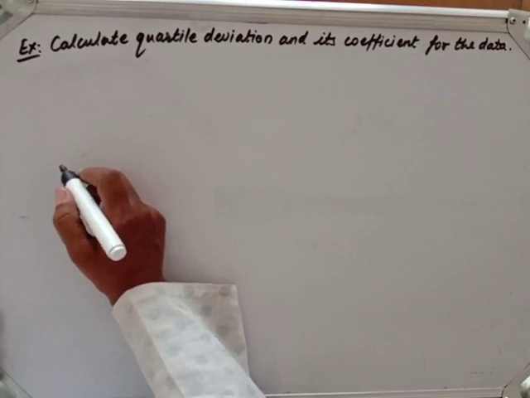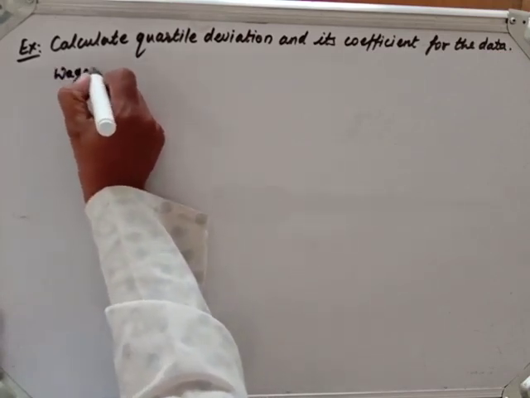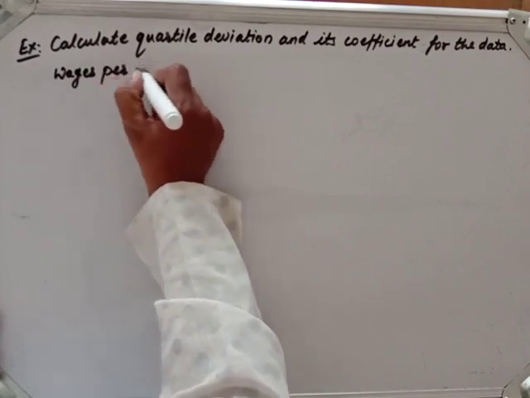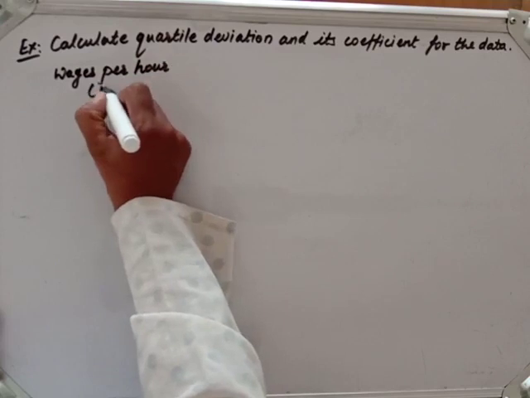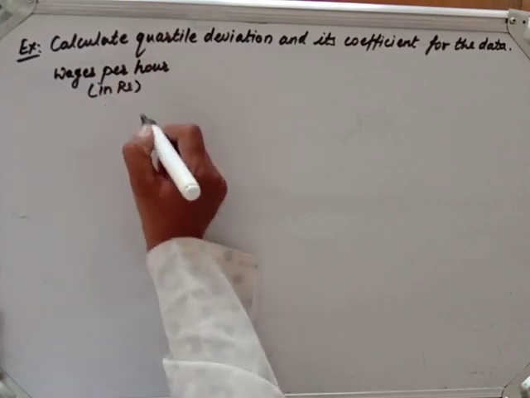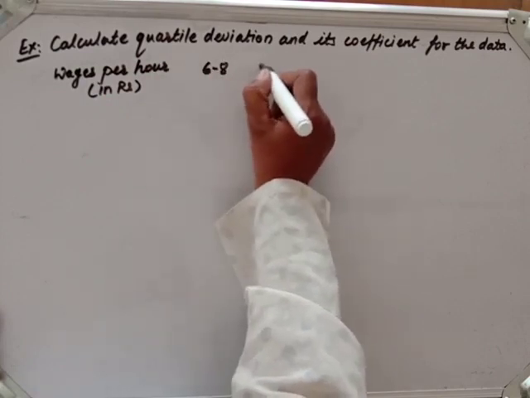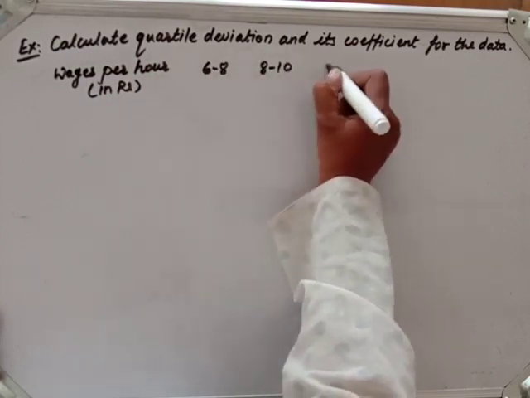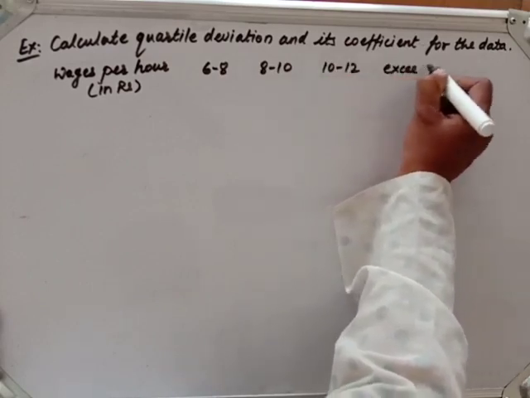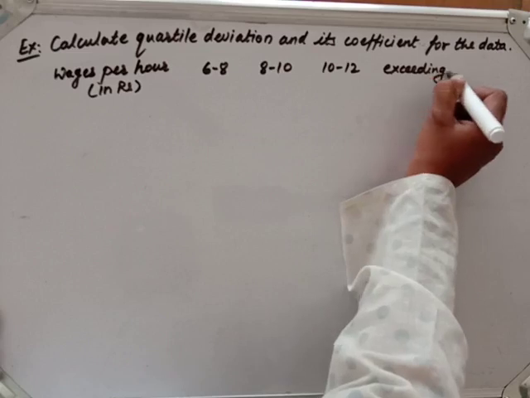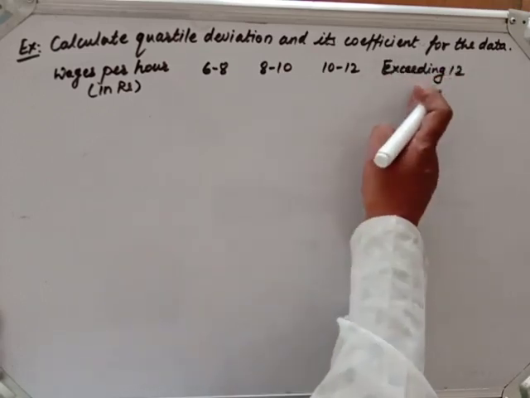The data is given as wages per hour, in rupees: 6 to 8, 8 to 10, 10 to 12 and exceeding 12. These are the class intervals, with an open-end class.